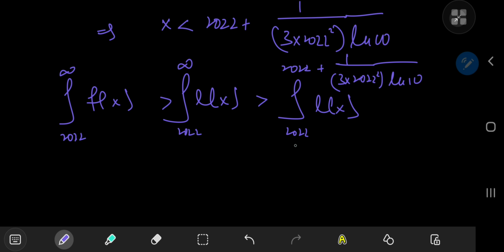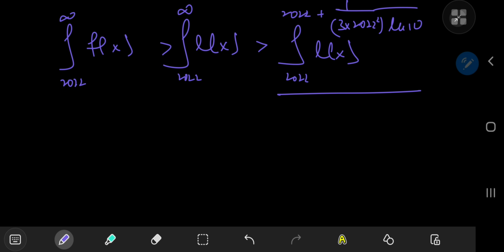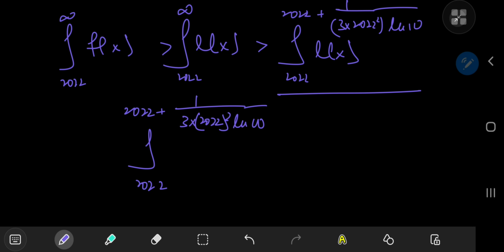And now to evaluate this integral, we have to integrate from 2022 to this thing here that I'm quite tired of speaking and writing as well. It's popped up a lot during this video.